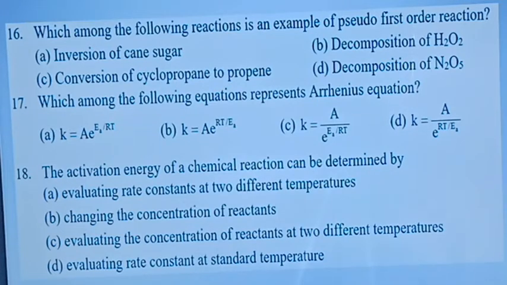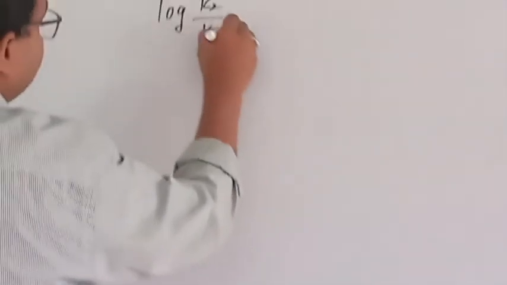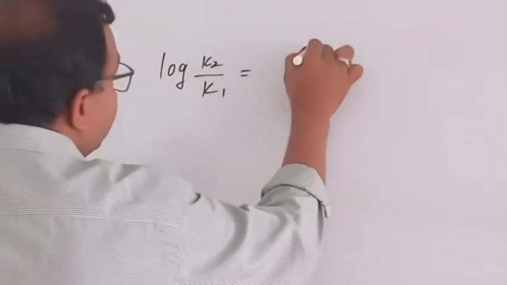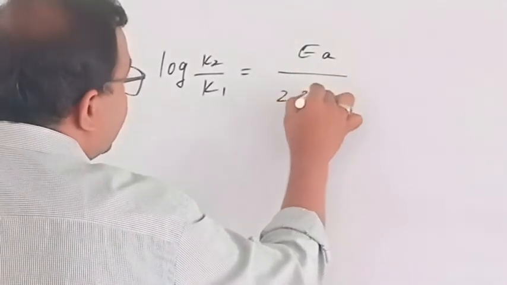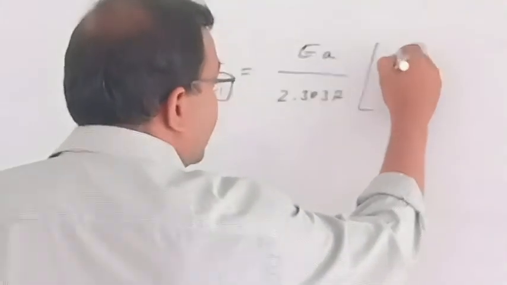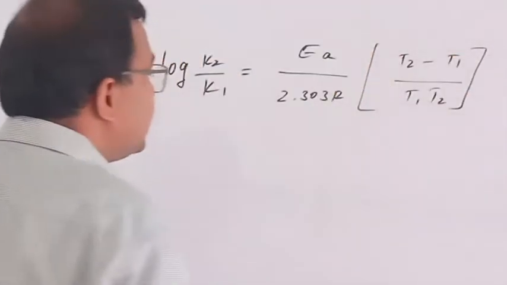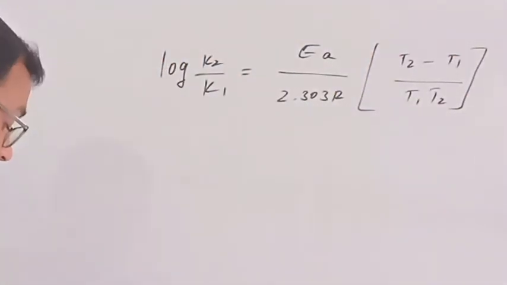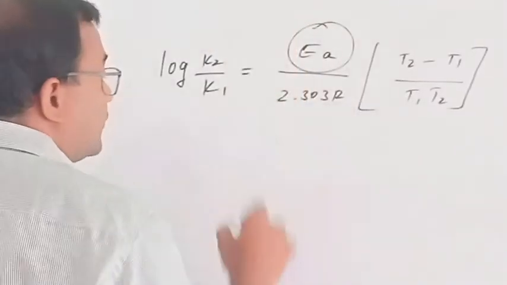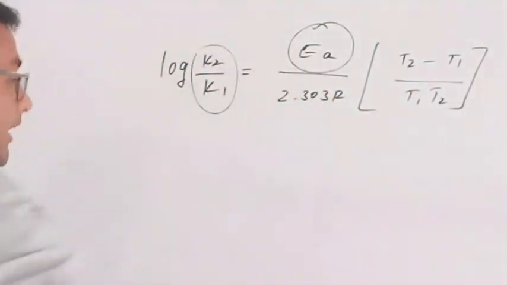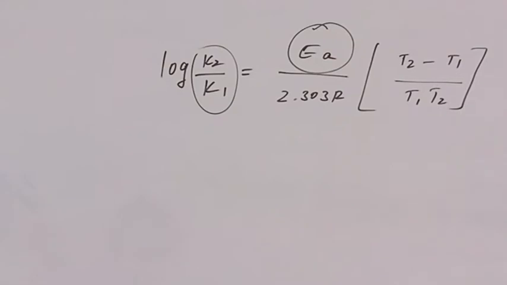No, the correct option is option A, which is evaluating the rate constant at two temperatures by using this formula, that is log k2 by k1 is equal to Ea by 2.303 R into (T2 minus T1) by (T1 into T2). This is the equation where we can evaluate the activation energy from two rate constants at two temperatures, by using this formula.